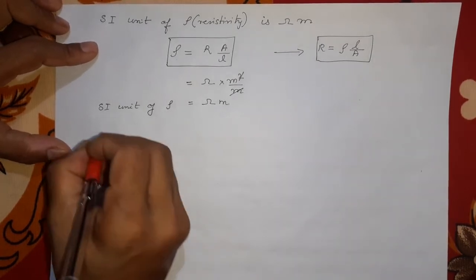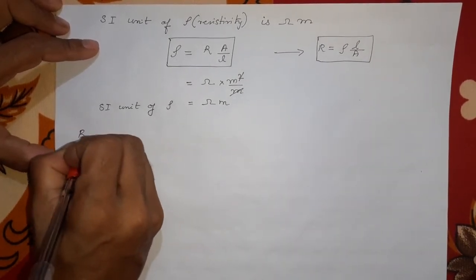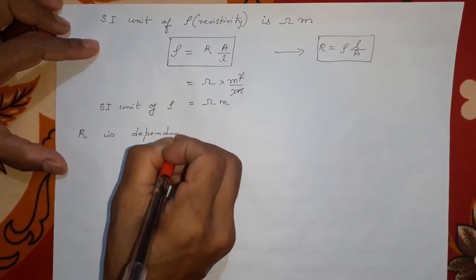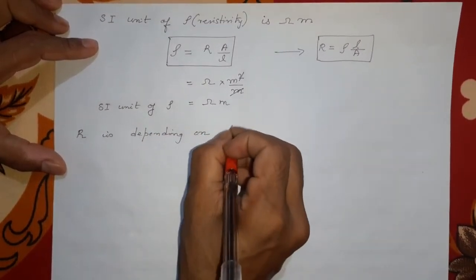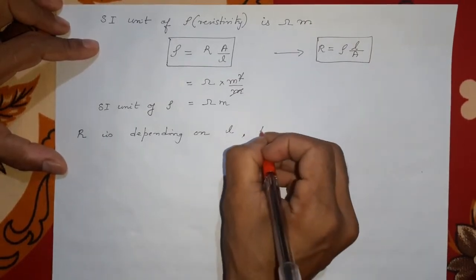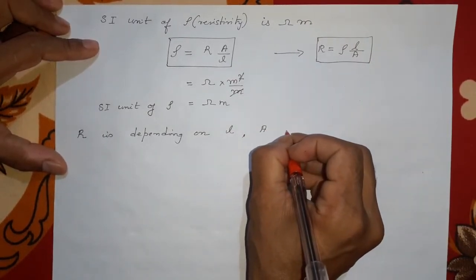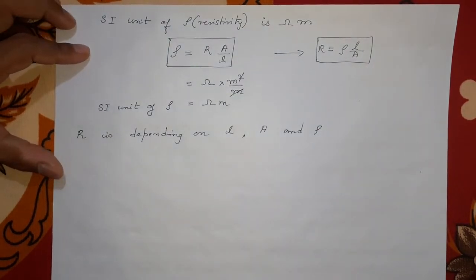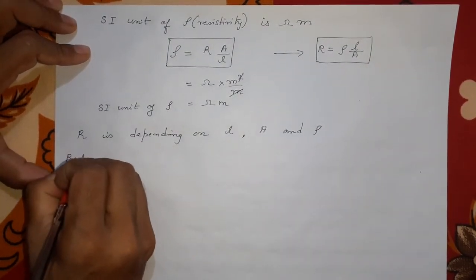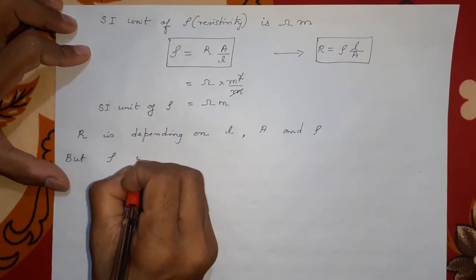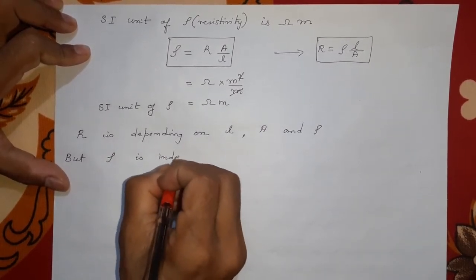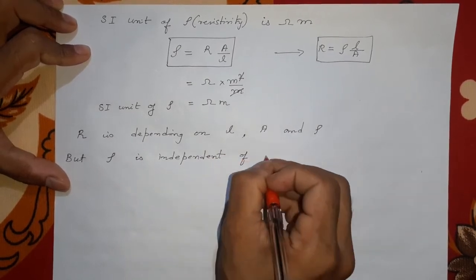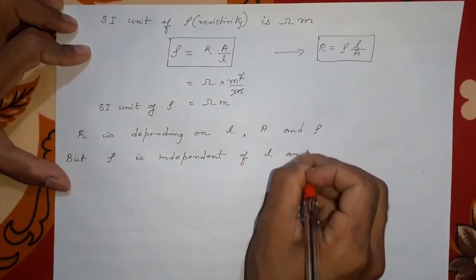Fine. So one important thing you have to know is that R depends on L, depends on A, and it also depends on rho. These three things can decide R, but rho is independent of length and area, independent of L and A. Why?